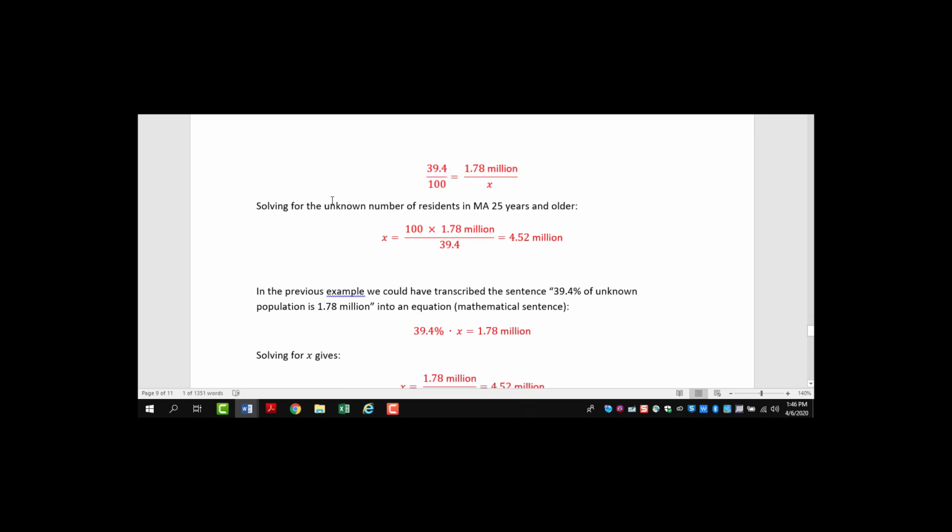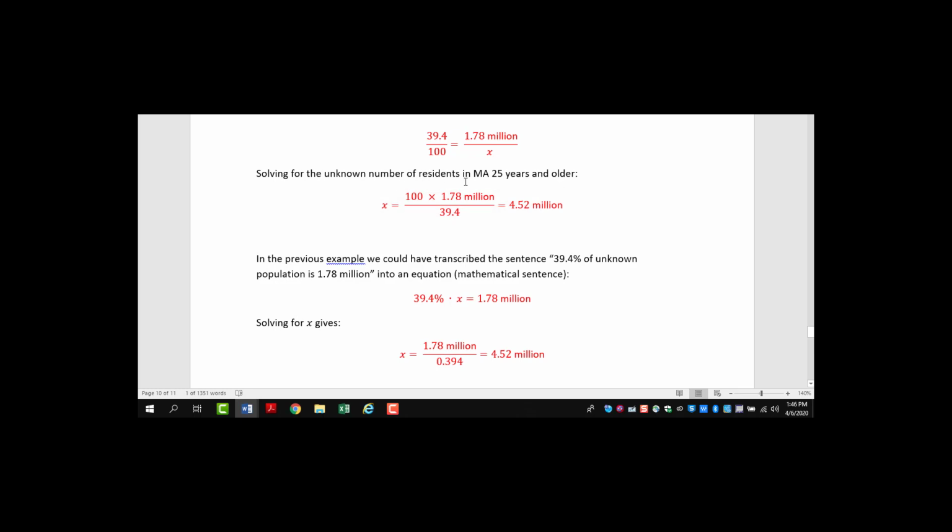So here we're solving for how many people there are in Massachusetts that are 25 and over. There's 39.4 people with the college degree for every 100 people, 1.78 million people with college degrees 25 and over, the total amount of people. So there is the total amount of people 25 and older in Massachusetts.